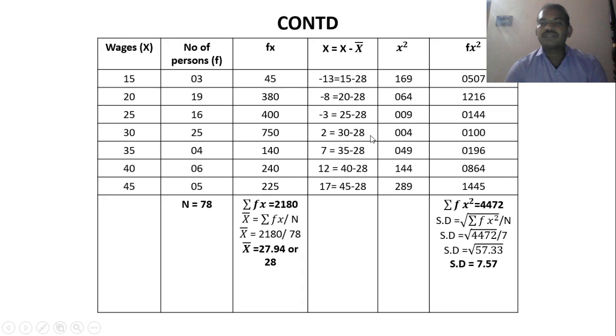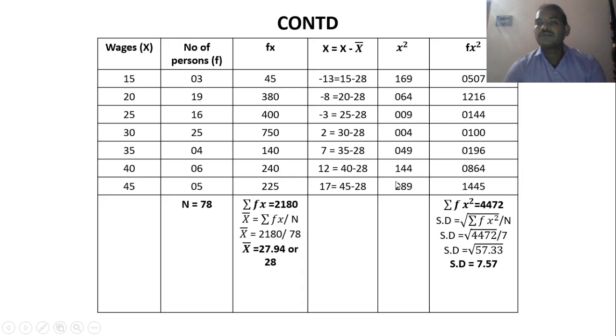Therefore x square: minus 13 square is 169, minus 8 square is 64, minus 3 square is 9, 2 square is 4, 7 square is 49, 12 square is 144, 17 square is 289.